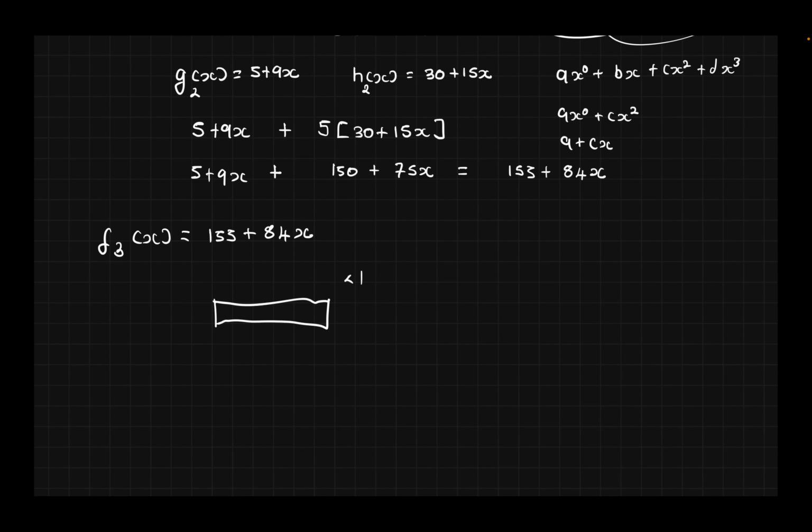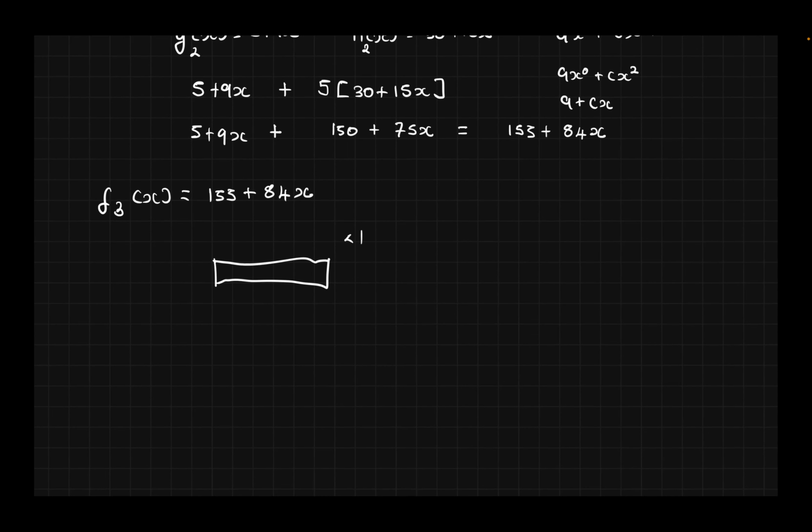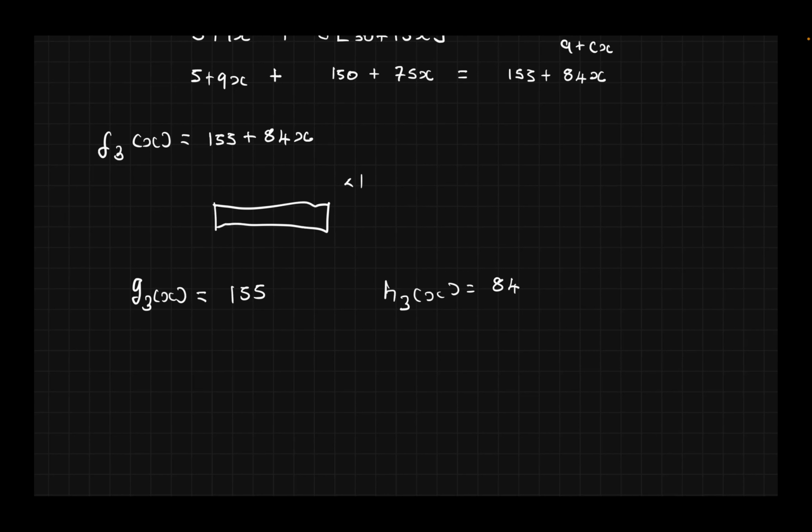So now let's fold this. We need our new G3 of X, that's all the even powers. That's just 155. Then we need our H3 of X. You need just 84. Yes, it's 4 because we factor out the X, right? So we now get our R. Let's say our R is 2 now.